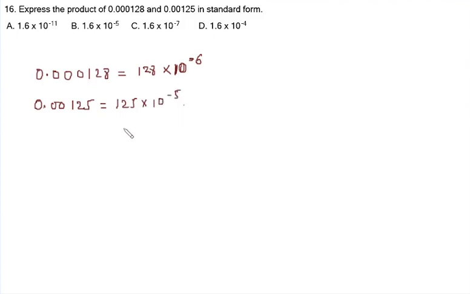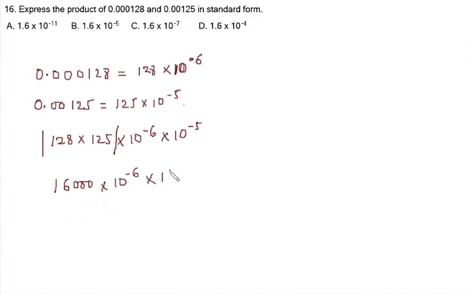Okay, so multiplying these two, I would have 128 times 125 times 10 raised to the power minus 6 times 10 raised to the power minus 5. I'll deal with this one separately and deal with this one separately. 128 times 125 is 16,000, times 10 to the power of minus 6 times 10 to the power of minus 5.